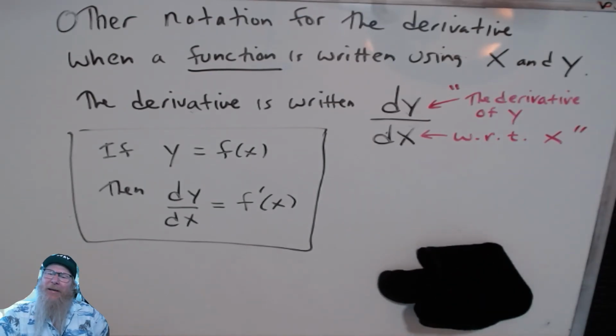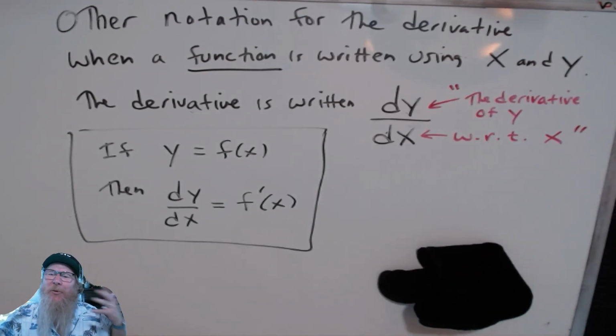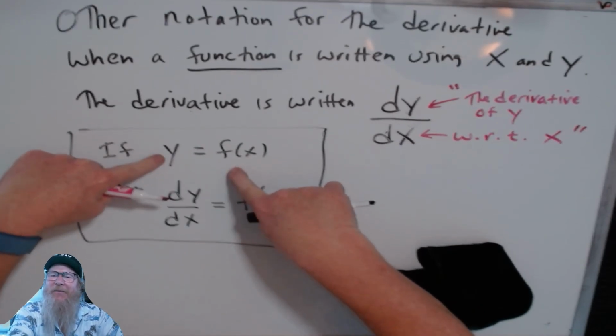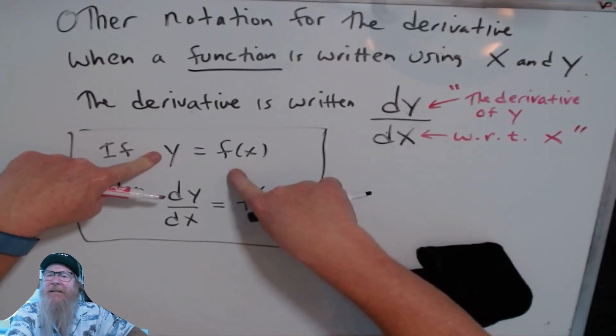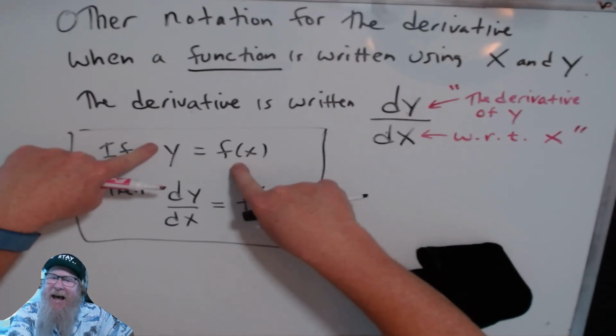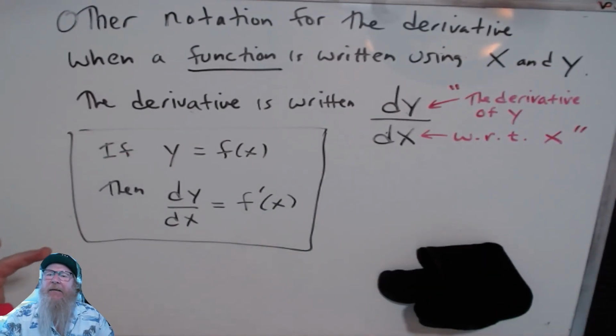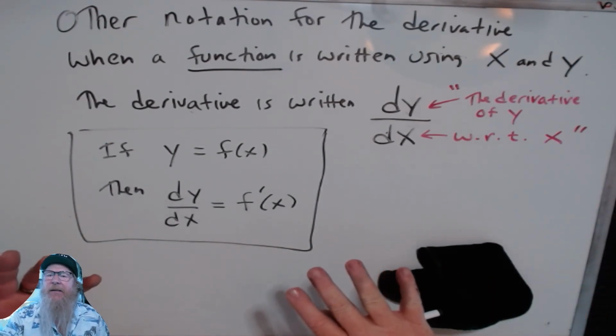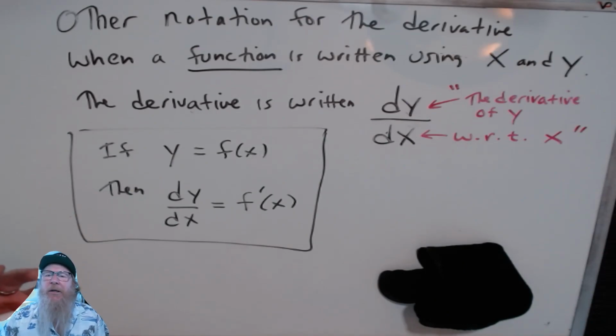Which I hope really makes some intuitive sense. In algebra, we spend a great deal of time, or I know I spend a great deal of time, convincing my students that y and f are the same thing. Sometimes I call it y, sometimes I call it f of x. They're interchangeable terminologies.